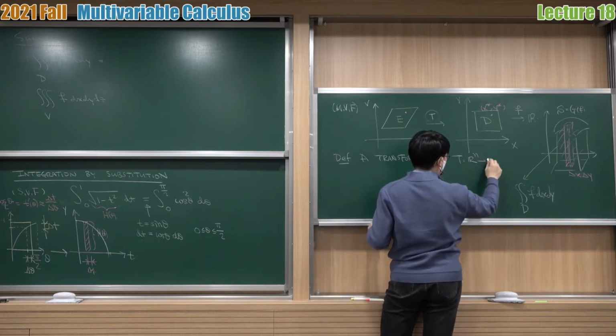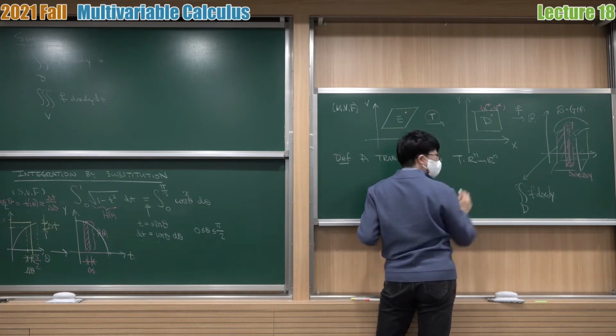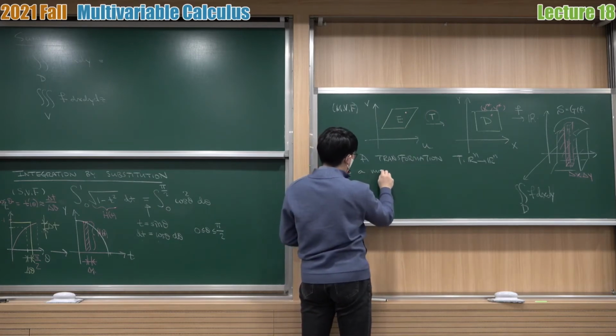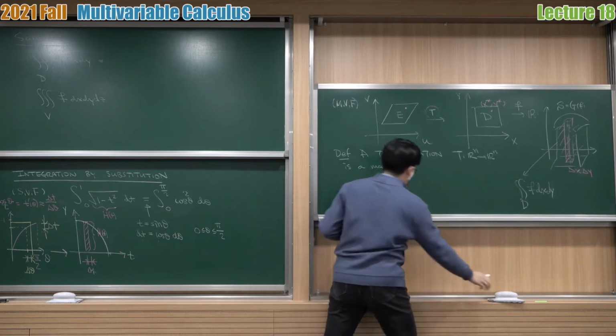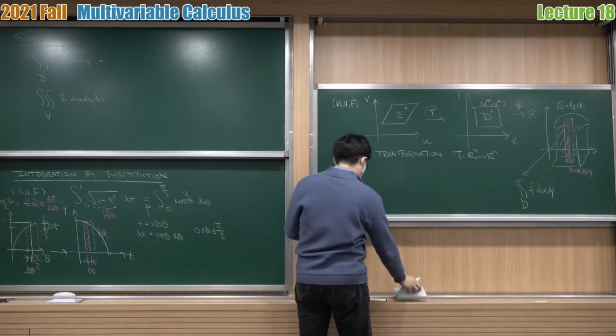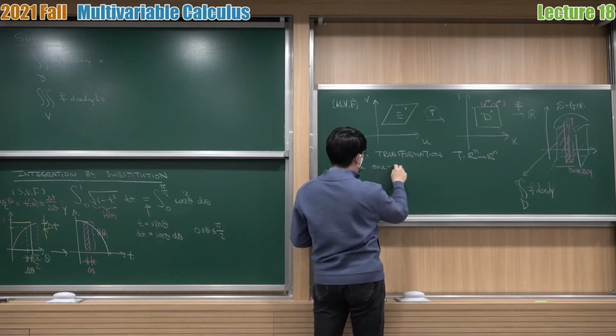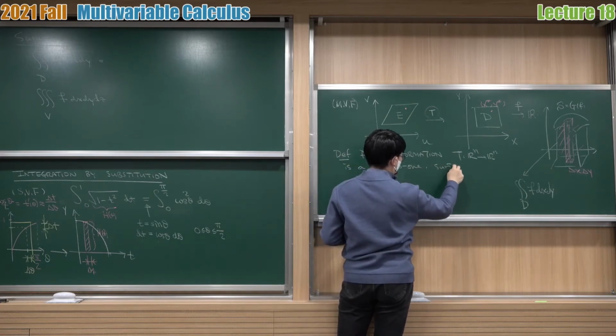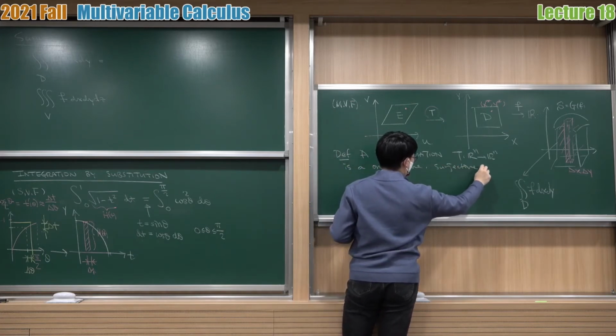It can be just an R^n to R^n function, is a one-to-one surjective map.